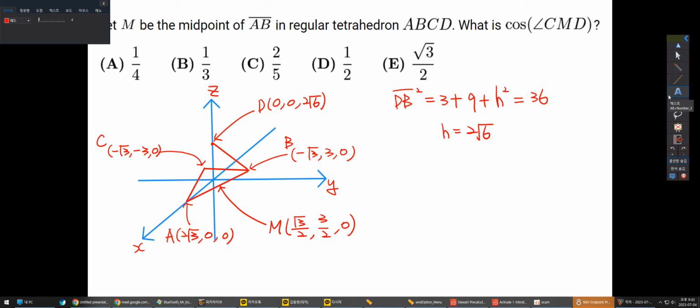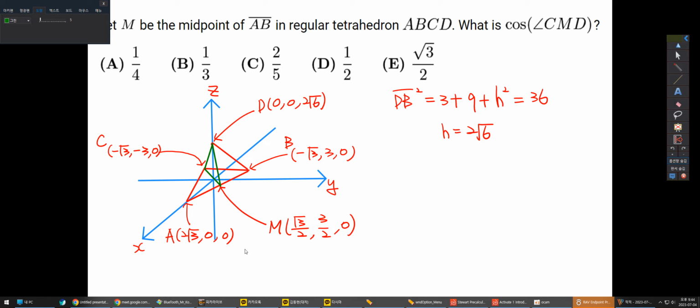So let's make a triangle using CMD. So, CD's length is 6.